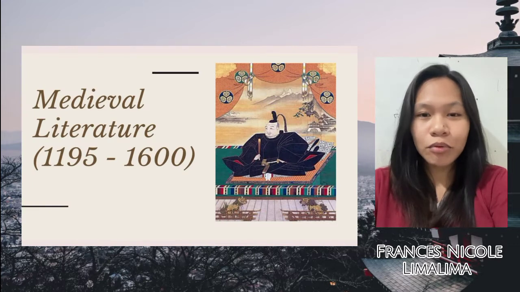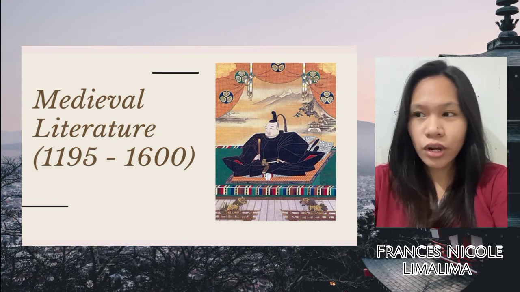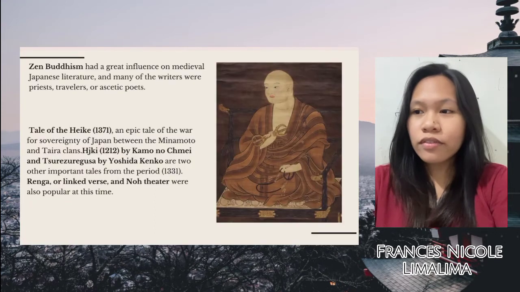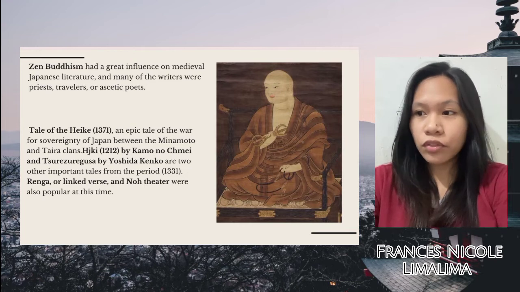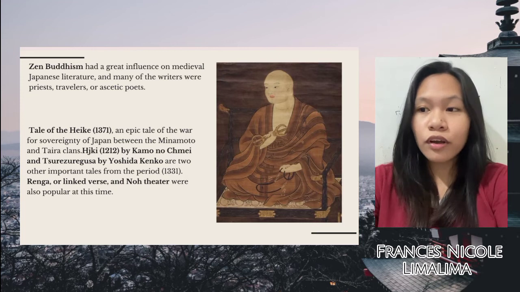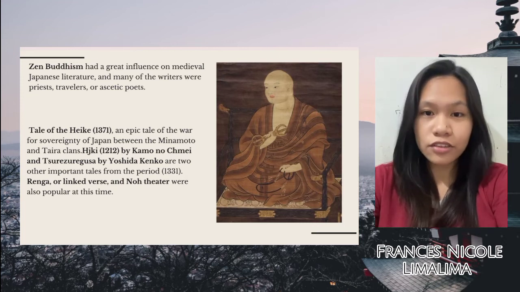Next we will talk about the medieval literature. This is during the 13th century to 16th century. One of the literary works in this period is The Tale of the Heike in 1371. This best represents the period of civil war and conflict in Japan.